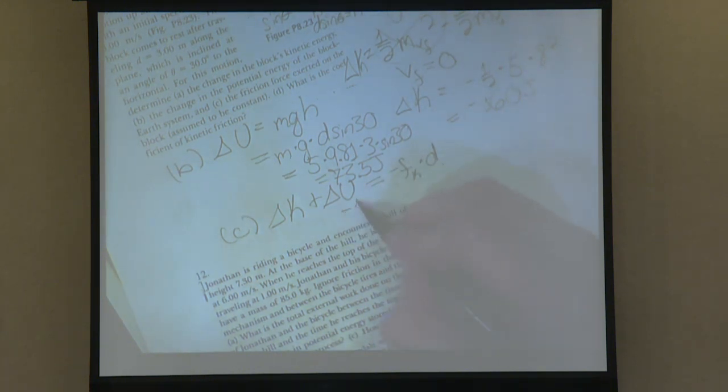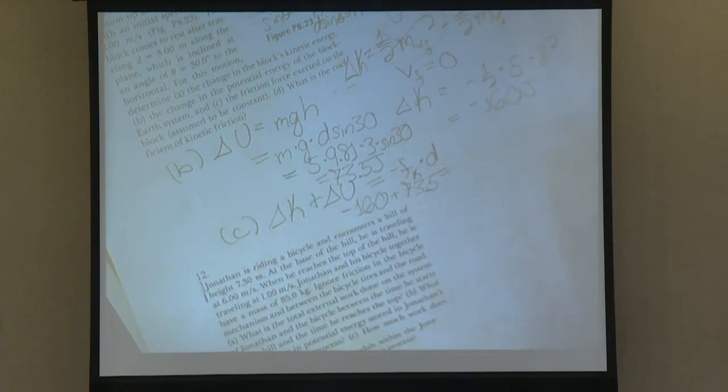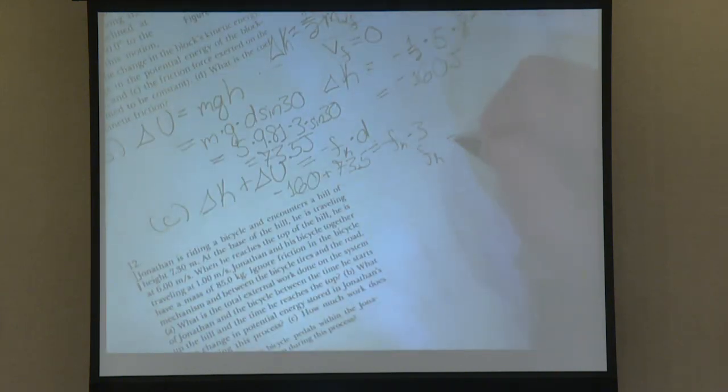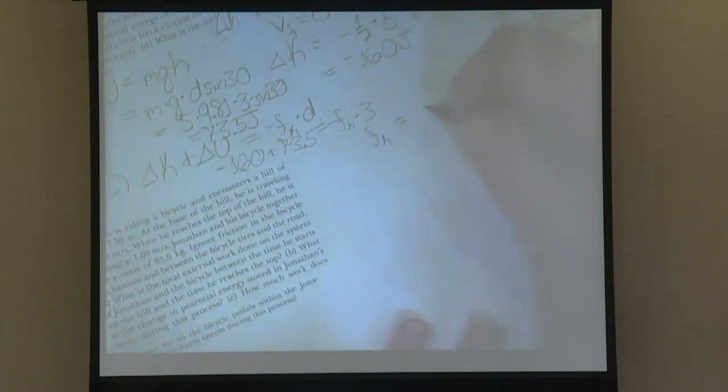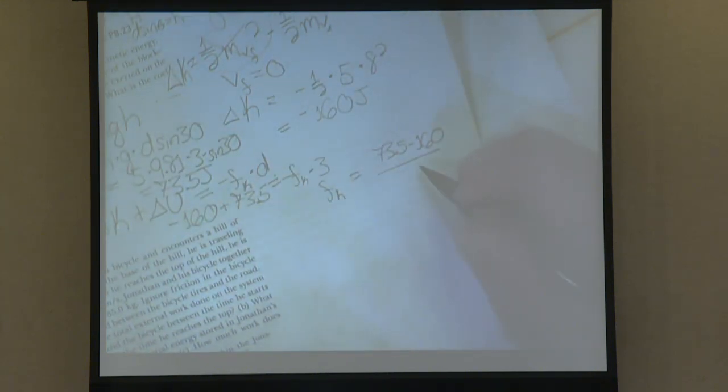So we have negative 160 plus 73.5, and that's going to be equal to negative force of friction times 3. So when we have that, our friction force is going to be equal to 73.5 minus 160 over 3.